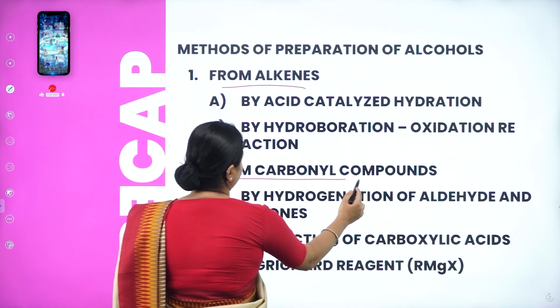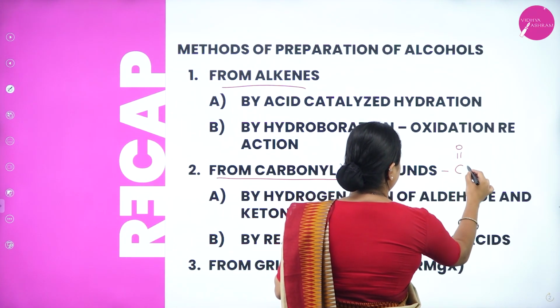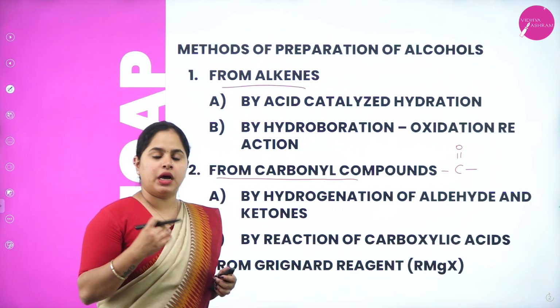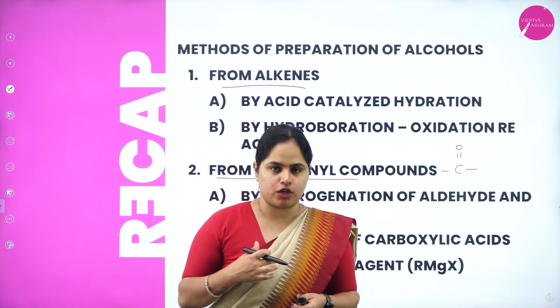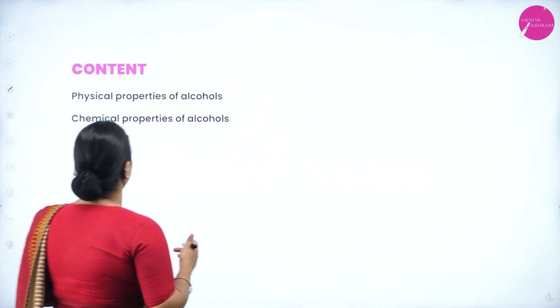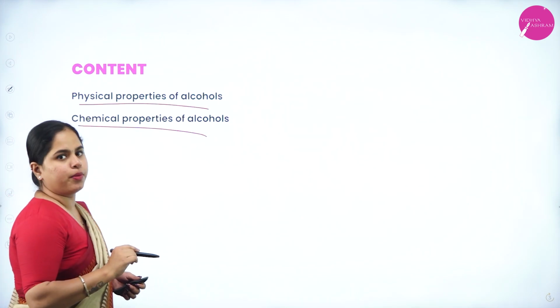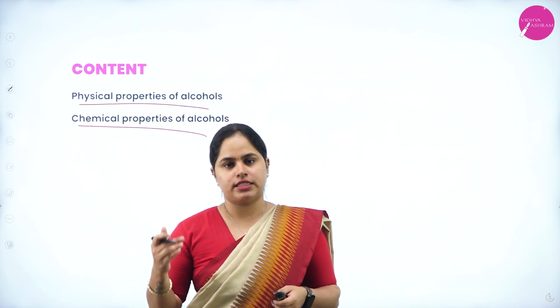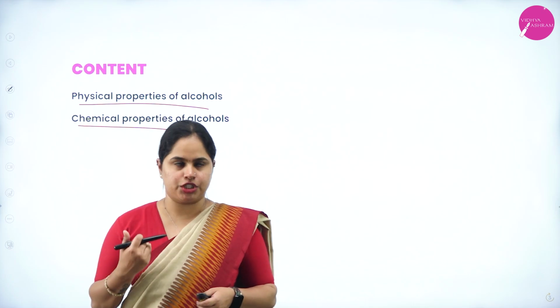Then from carbonyl compounds, those compounds containing C double bond O. And then from Grignard reagent as well, and how you can obtain a primary, secondary and tertiary alcohol. In today's session we are going to study the physical properties of alcohols, then the chemical properties of alcohols. By that we'll come to an end of the discussion of alcohols, then we'll move on to the phenols in the next session.